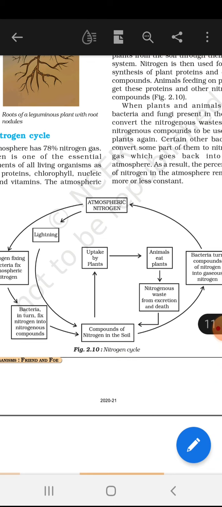In this way the nitrogen cycle is completed and the percentage of nitrogen remains constant in the atmosphere. So this nitrogen cycle is very, very important.